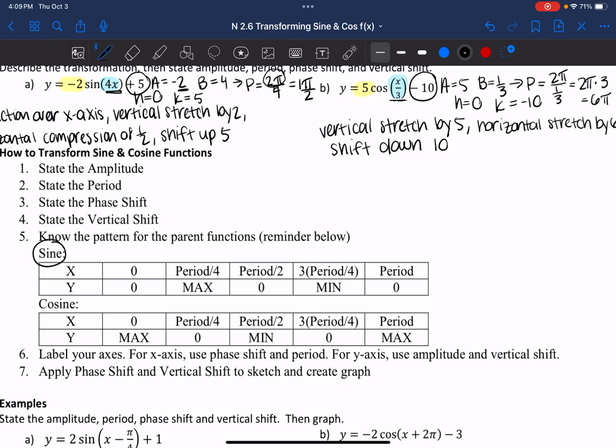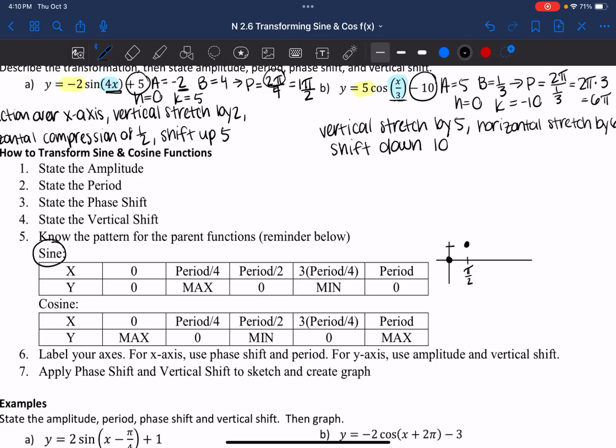So for sine, it says we would start at 0, 0. Yesterday, when we graphed the parent function for sine, it started at 0, 0. Then 1/4 of that period over 2 pi, we said our first point that we plotted yesterday was at pi halves, and we plotted it at 1.